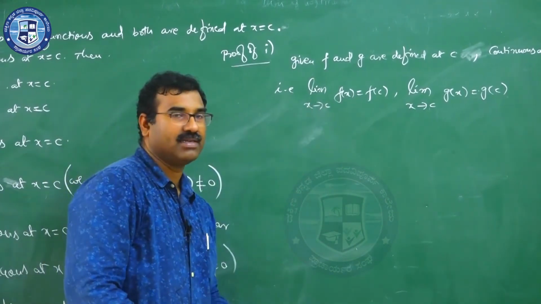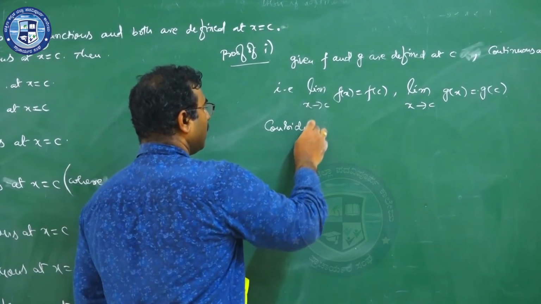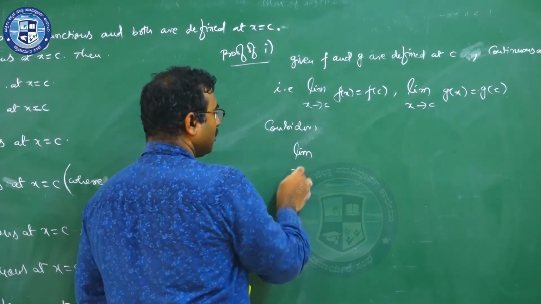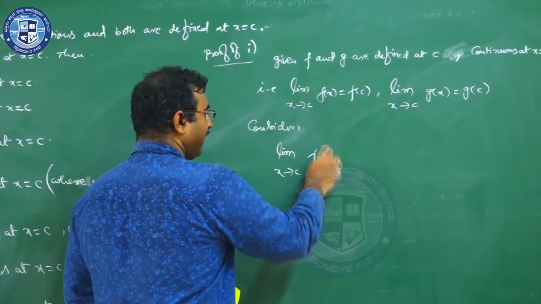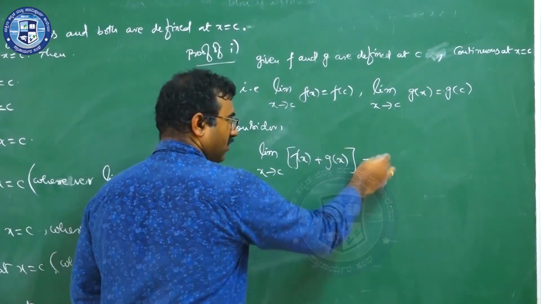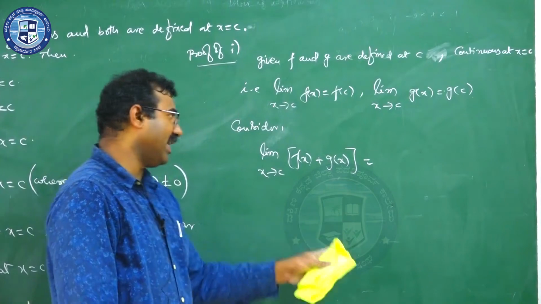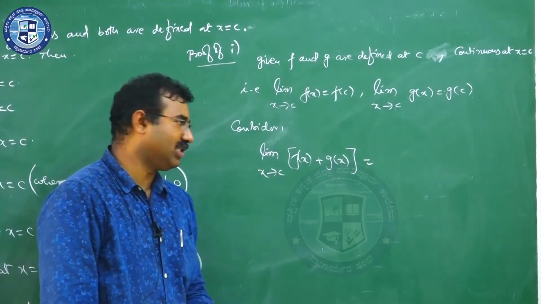Now we consider limit x tends to C of f(x) plus g(x). We are going to prove that it is the same as f(C) plus g(C).